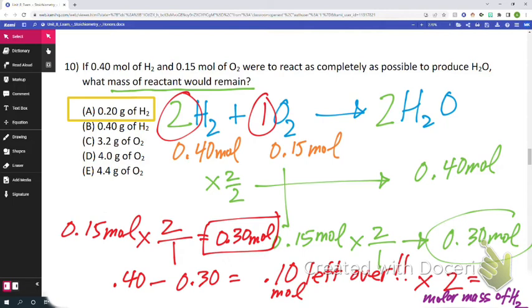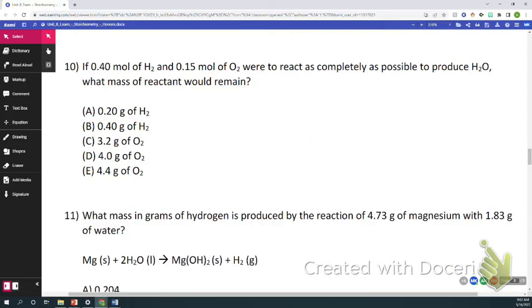Subtract that from how much excess you actually have. That's how much of the excess you have left over. And then change it to grams. Okay?